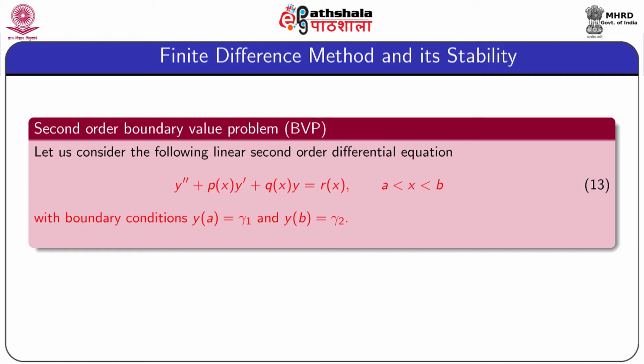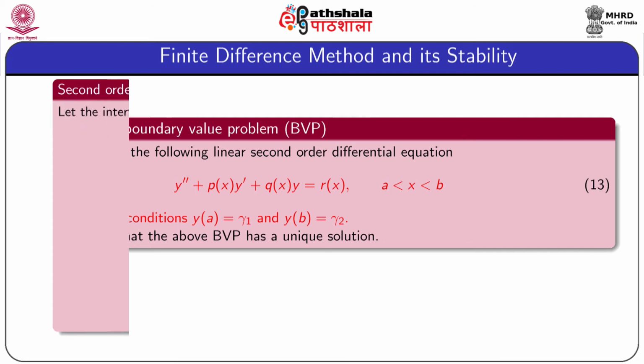That means equation 13, the second order differential equation with this boundary condition, the entire problem is called the boundary value problem. We assume that the above boundary value problem has a unique solution.